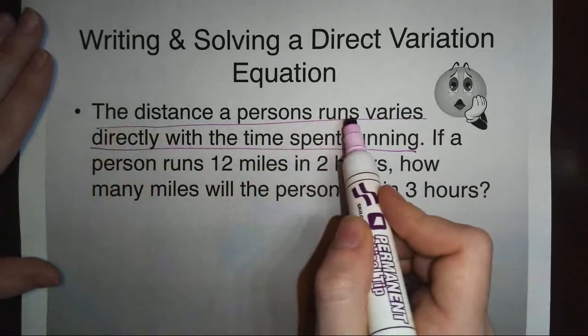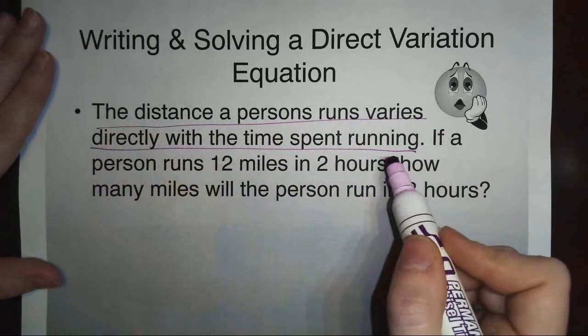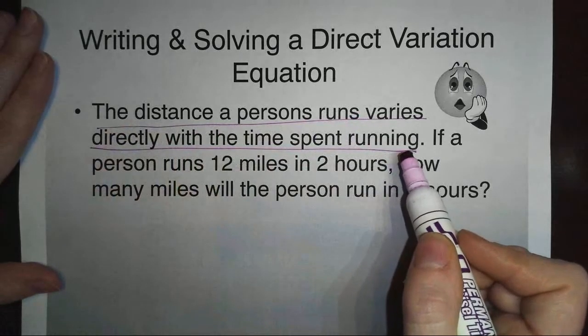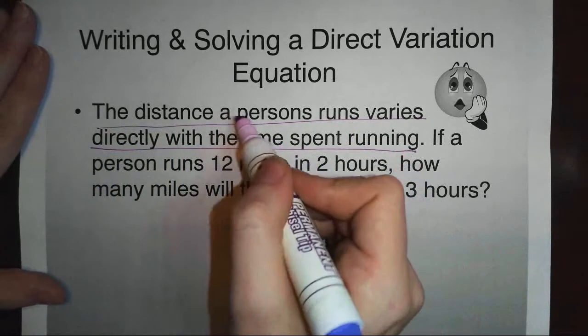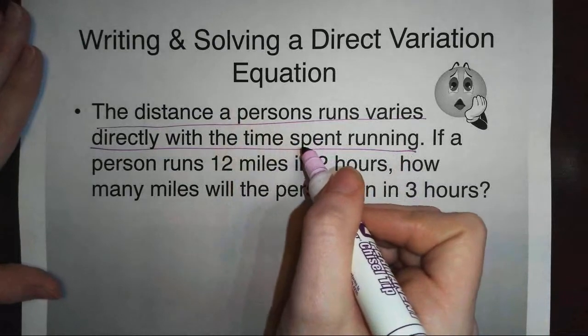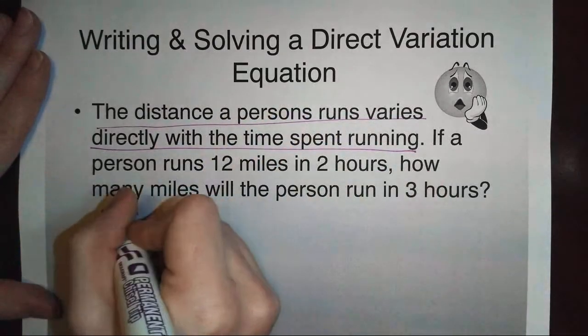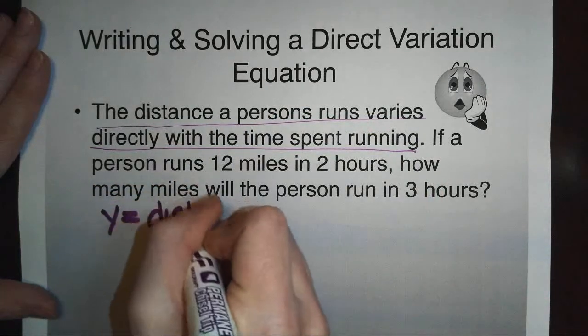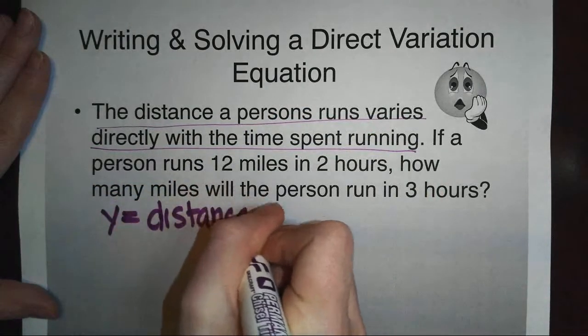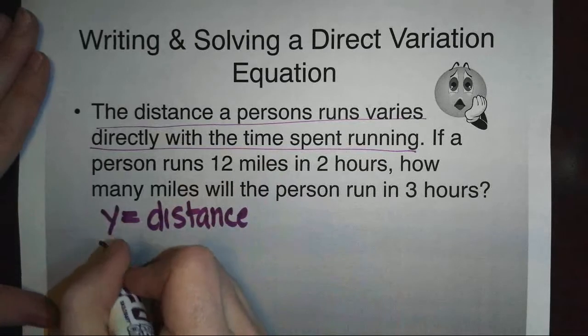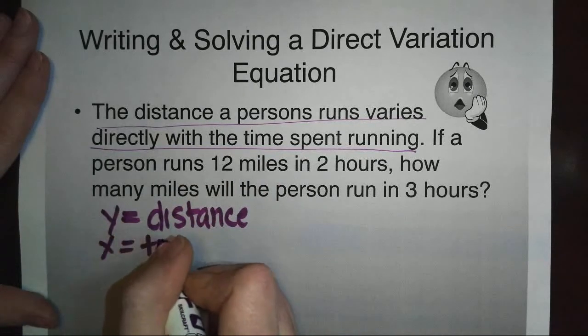The distance a person runs and the time spent running are our variables. Now, since the distance they run depends on the time, distance is going to be our y. And since time is independent, that's going to be our x.